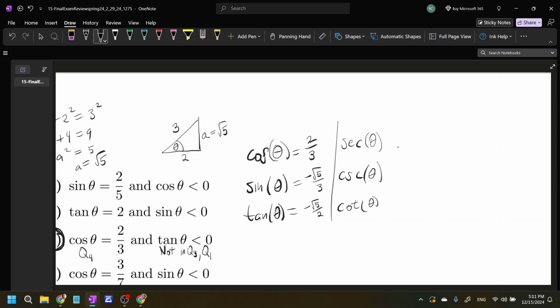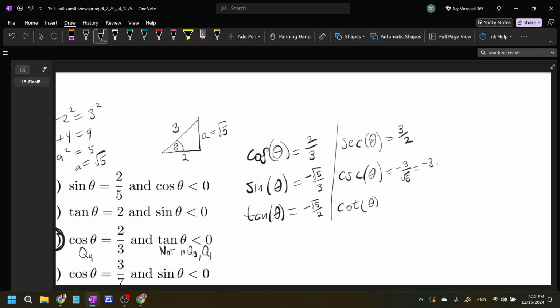And remember, secant is just 1 over cosine. It's the reciprocal of cosine. So if cosine is 2/3, then secant's 3/2. Boom, that easy.